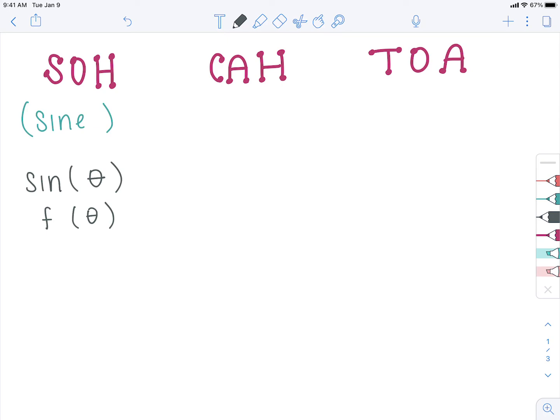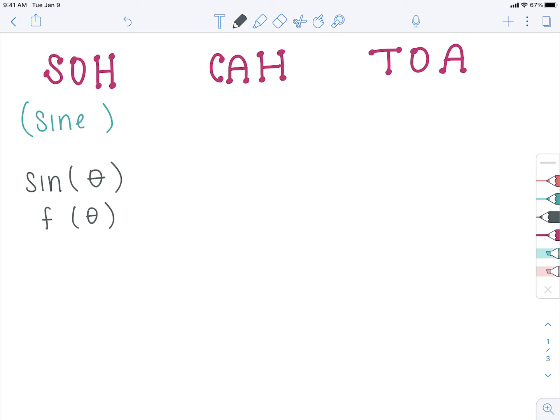We can hit the button and the calculator automatically plugs the angle in for us. So when you see sine of theta, it's an actual function that we're plugging into.